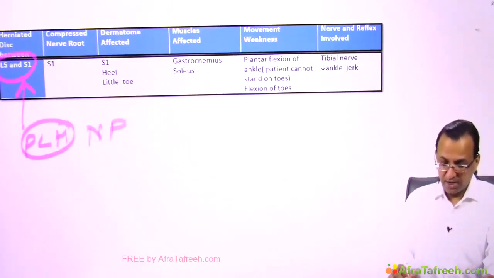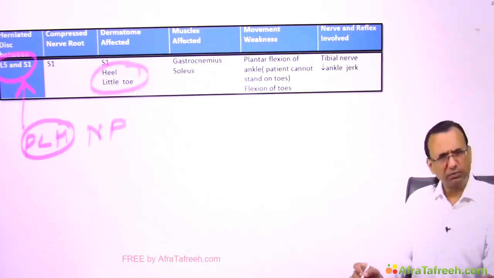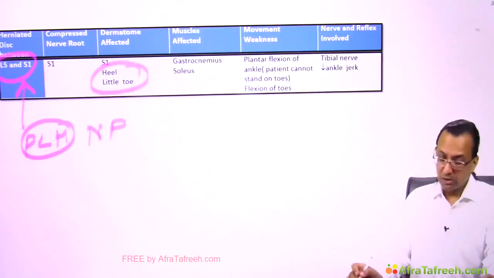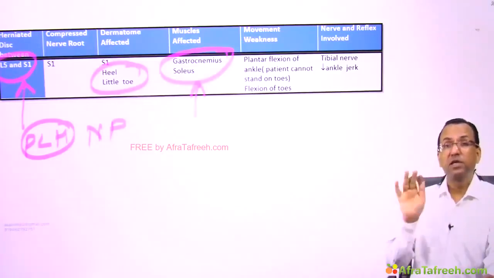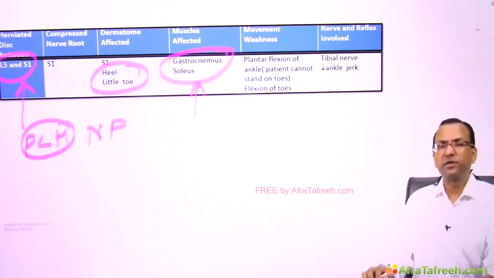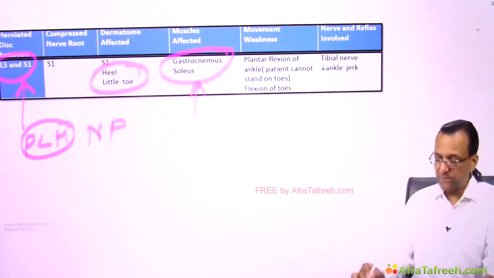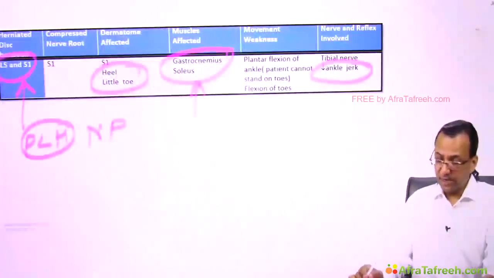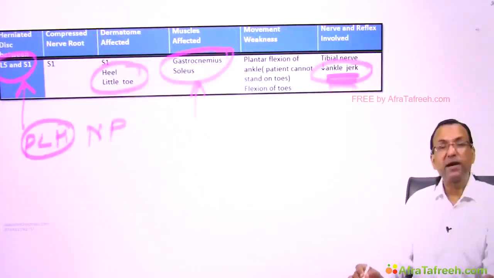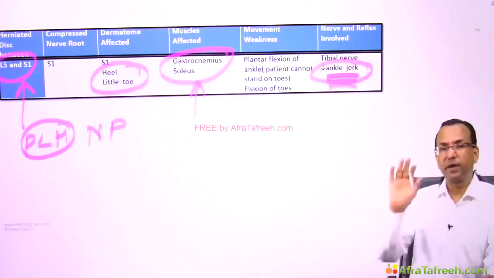So the heel and little toe are S1 dermatome. And what is this? Soleus, the calf muscle for plantar flexion. You are talking about the ankle jerk, hitting the tendon of tendo Achilles for plantar flexion.